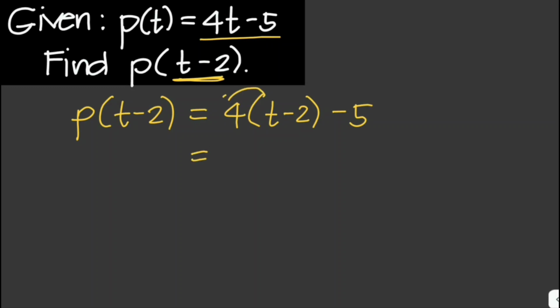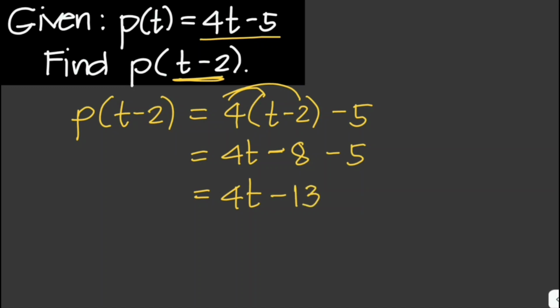And we distribute 4 to the expression inside the parentheses. So that would be 4 times t is 4t. Copy the operator sign minus. Then 4 times 2 is 8. Then minus 5. Then we have 4t minus 13. So this is the value of p of t minus 2.